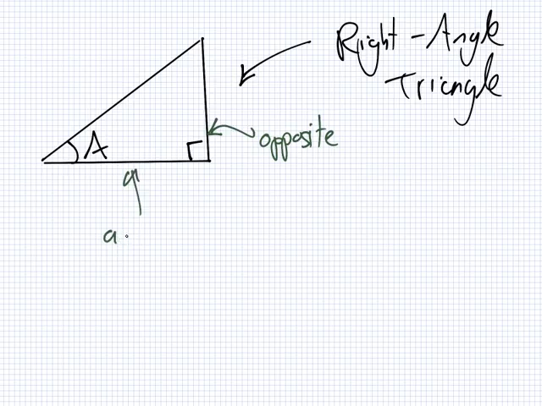Adjacent. Oh my goodness, I can normally spell this. And the last one, hypotenuse. Hypotenuse. T-H?